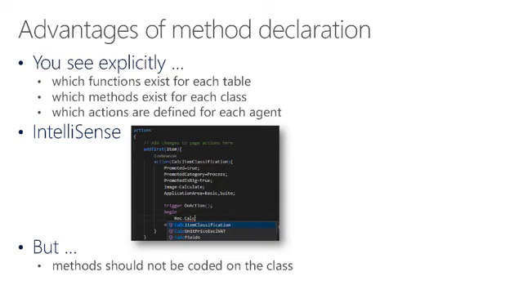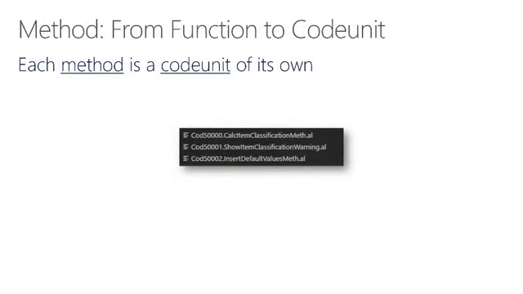The methods are available on that table, but the methods themselves are not coded on the class. The actual method itself, the business logic contained within that method, lives in its own code unit. So each method is a code unit of its own. In the screenshot here, you see a list of code units.